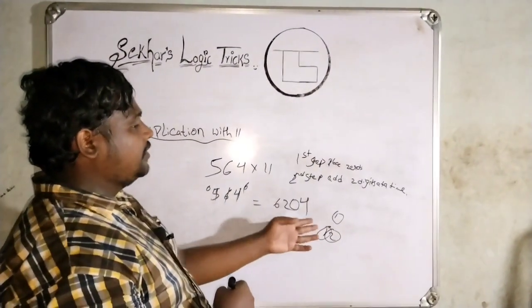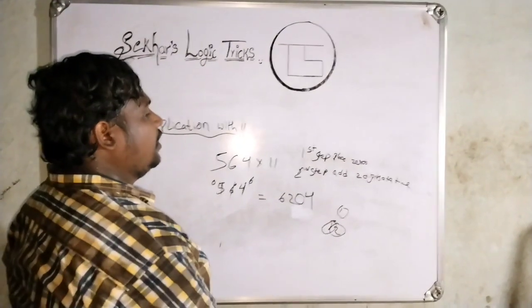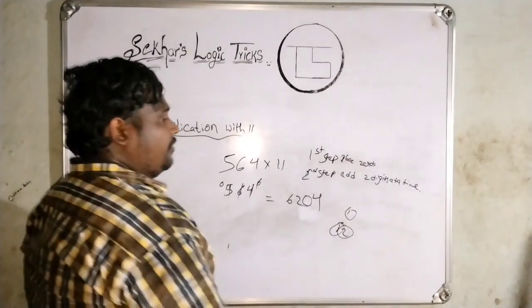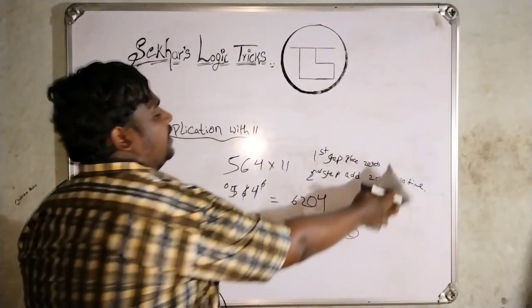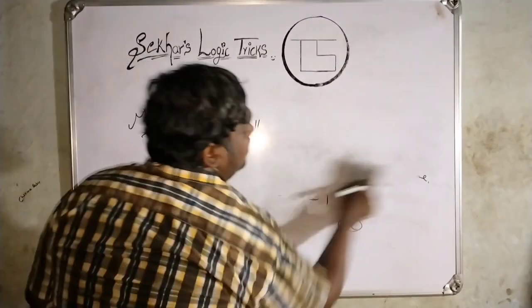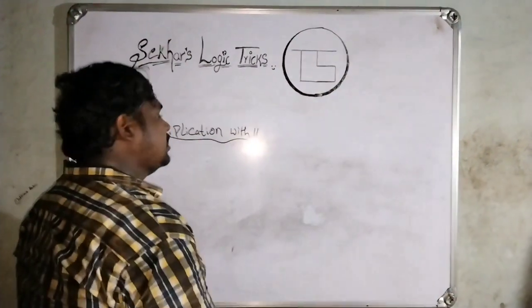Now we get this as the answer. In this way, we can multiply any 2-digit or 3-digit number with 11.